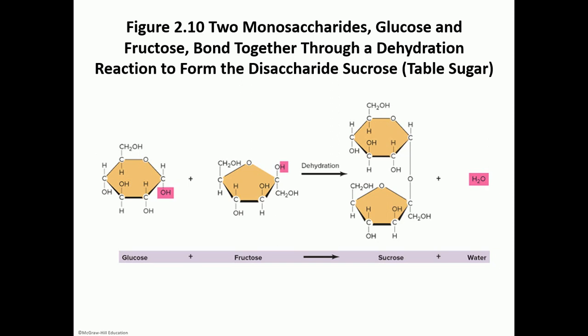In some individuals, lactase enzyme is deficient or even totally lacking, and that would lead to lactose intolerance, meaning that if they eat or drink lactose, which is milk and milk products, they will not be able to digest lactose into its two building blocks.